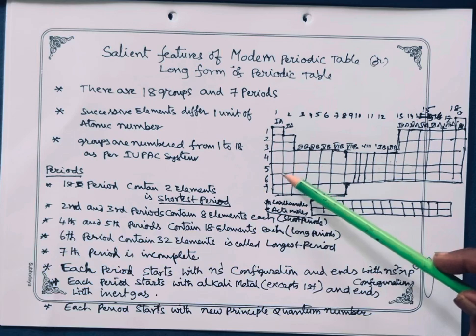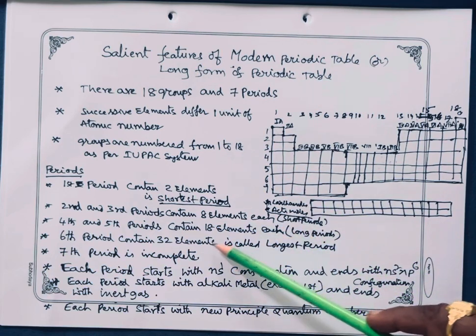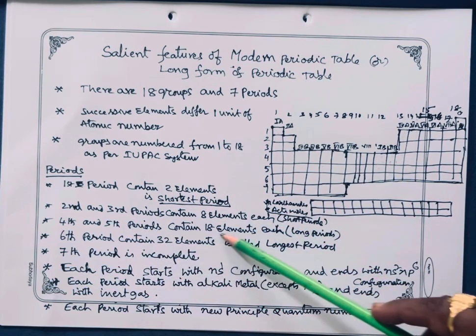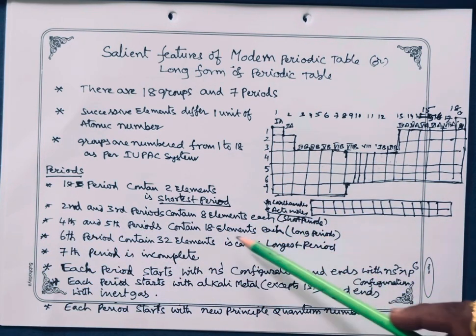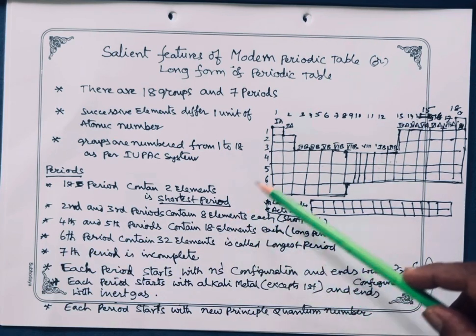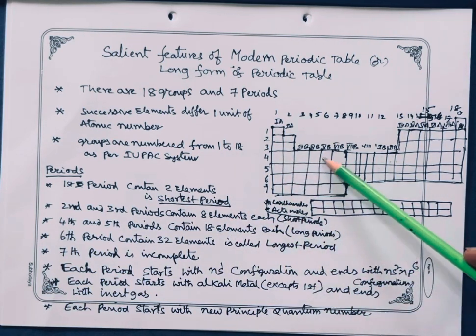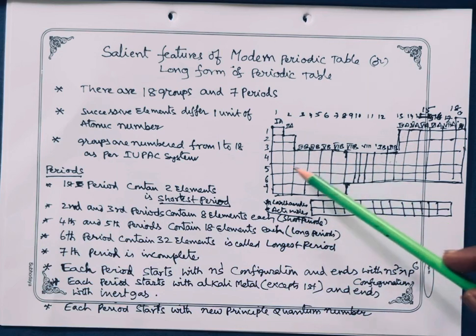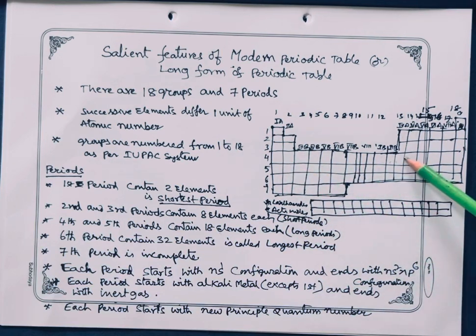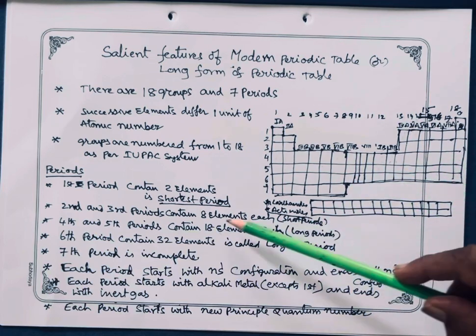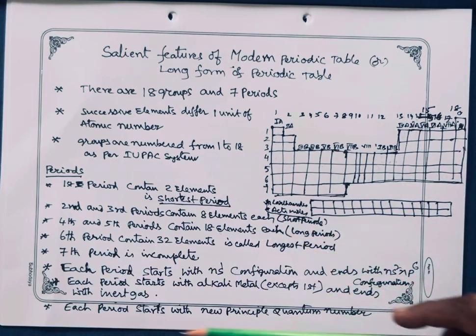The fourth and fifth periods are called long periods, which contain 18 elements. Here in the fourth period, there is the 10 d block elements, 2 s block, and this is the p block, 6. Total 2 plus 10 plus 6, total 18 elements will be there.